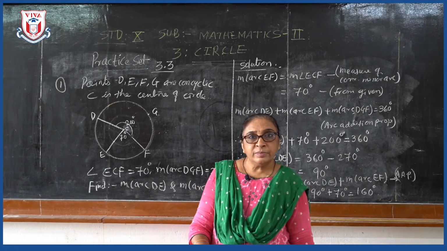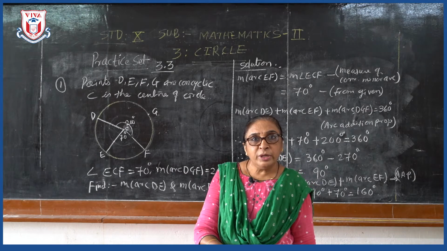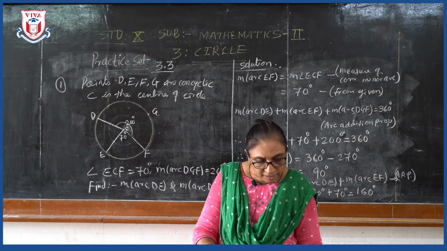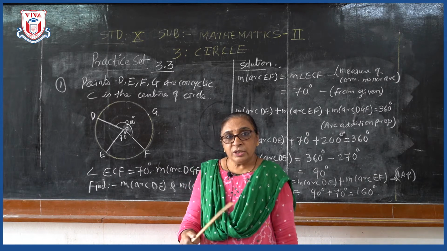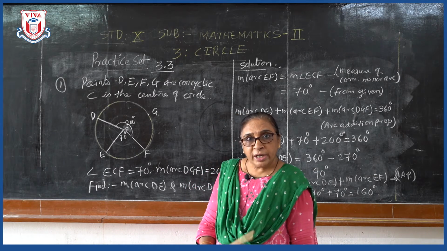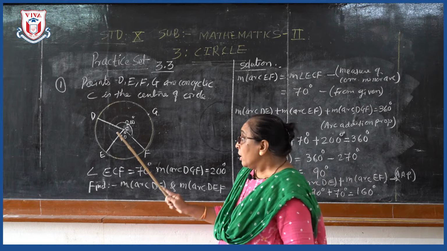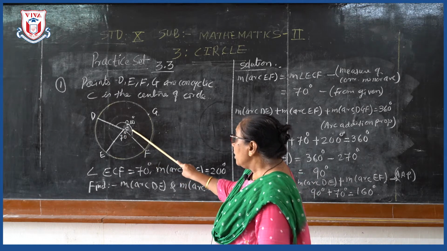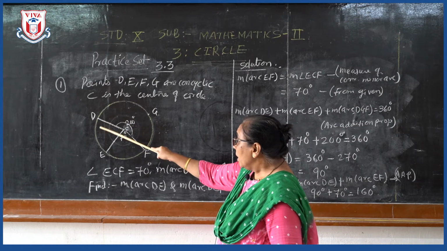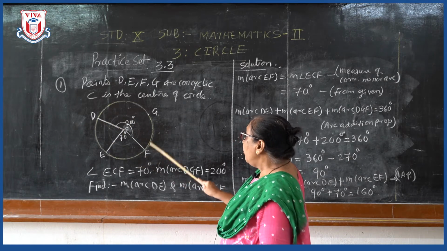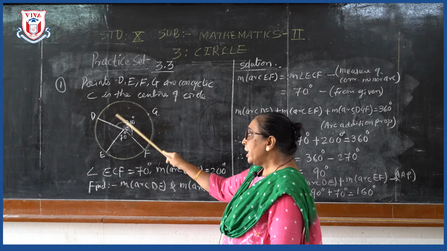Now we will start practice set 3.3. First we will see the first question. You can observe it in your textbook also. See here, C is the center of the circle. Points D, E, F and G are concyclic.